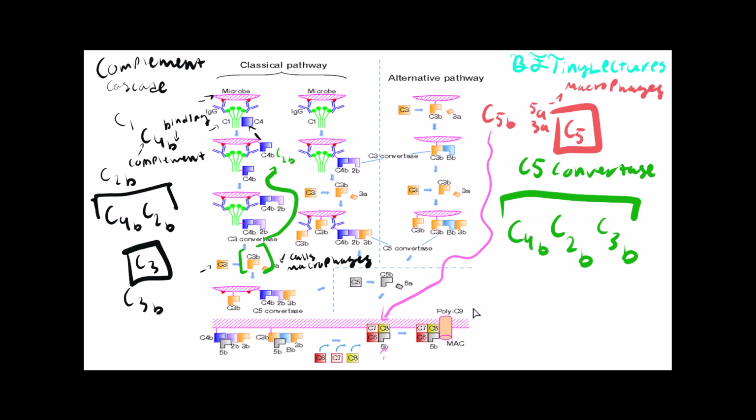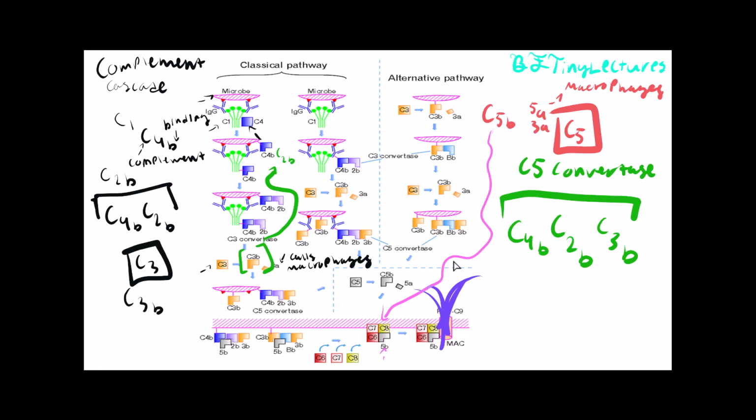C9 has a shape that looks like a funnel. It looks like a cylinder. And when they all join together, they create a hole inside of the parasite or the bacteria. And now water from the intercellular space is going to rush in, and it's going to expand this parasite or this bacteria, and the pathogen can no longer expand and it ruptures.